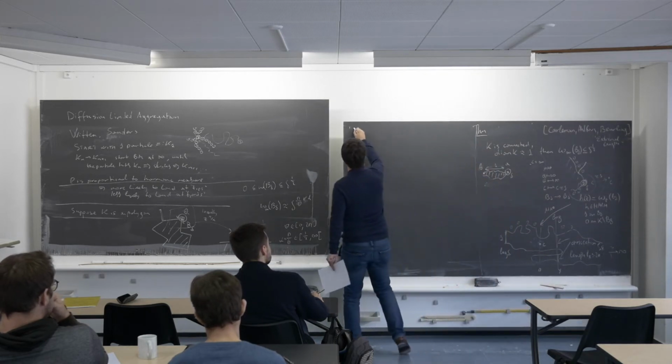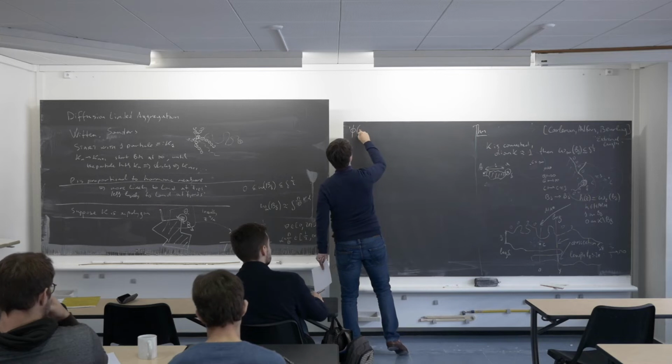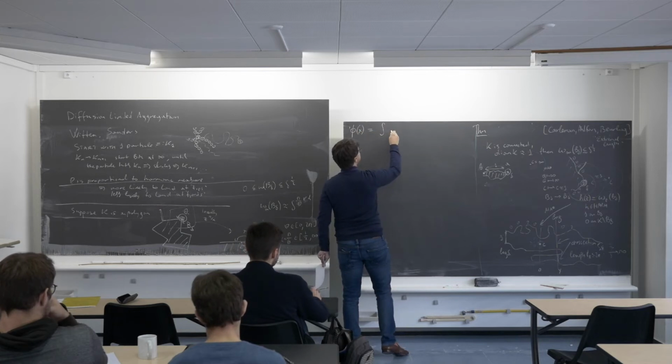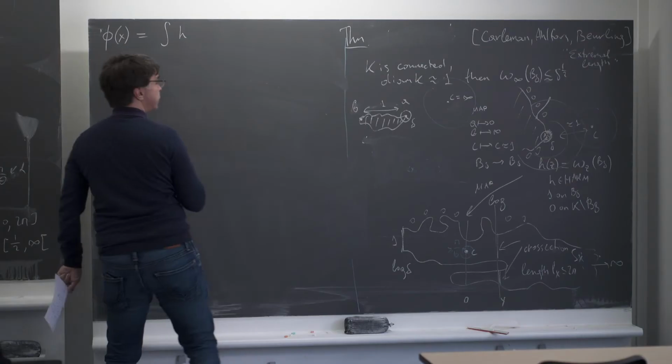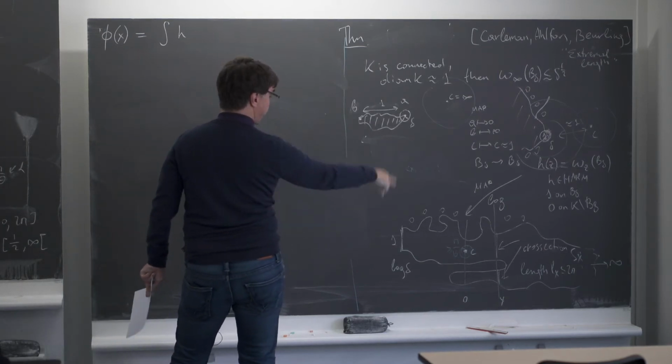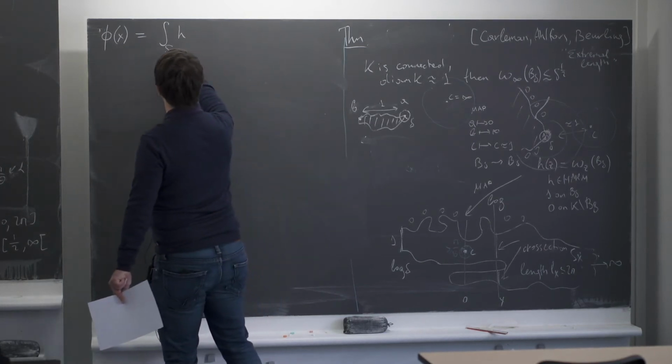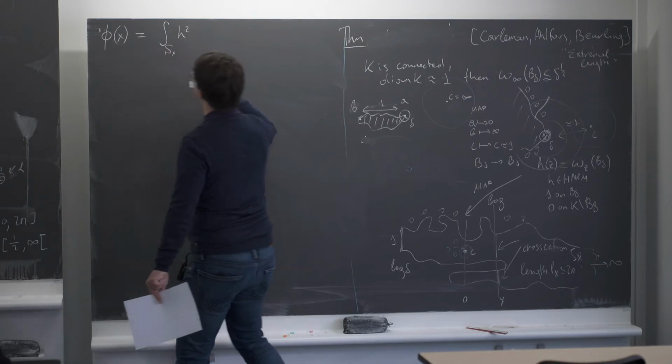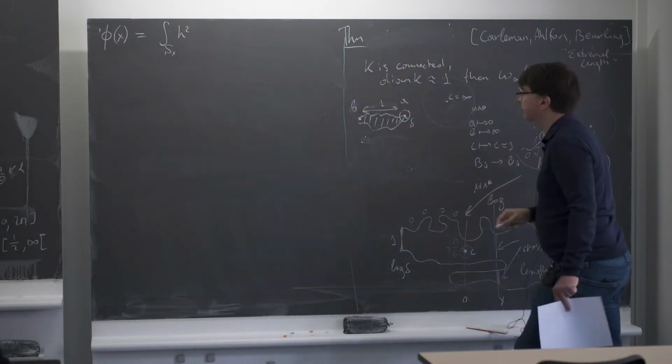Denote by the function phi of x the integral of h squared on this cross section, dy.